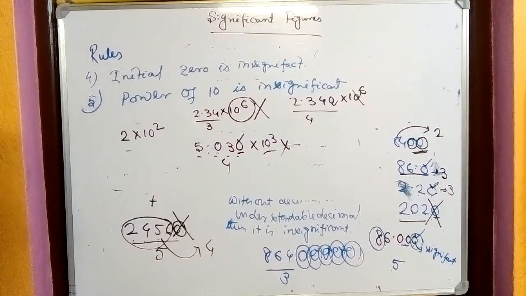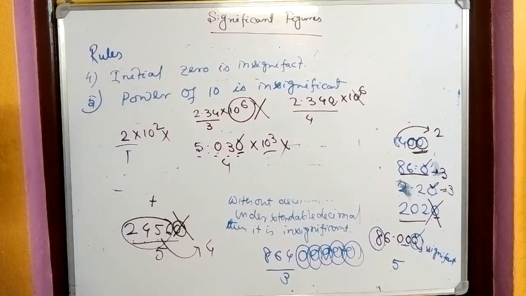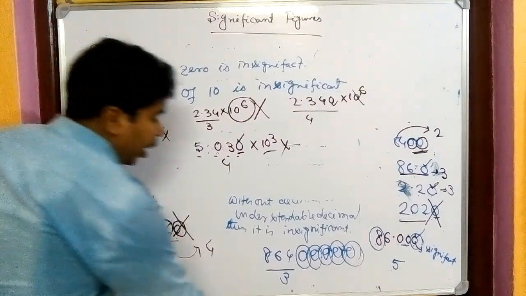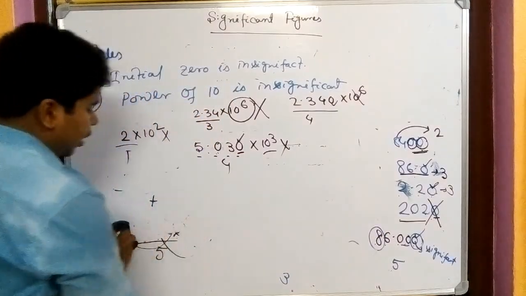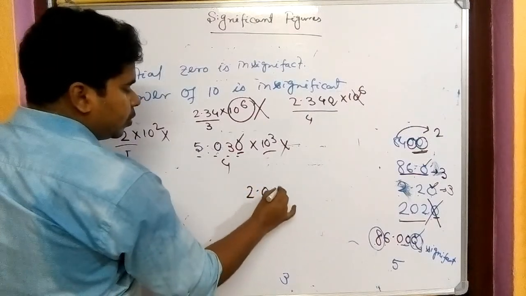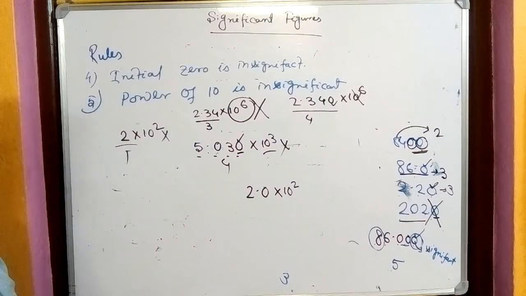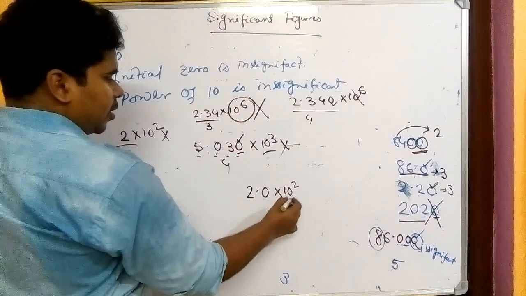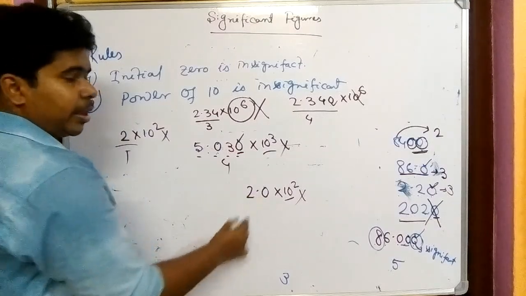Okay, if I have 2 into 10 to the power 2, how many significant figures are there? You will say, sir, 10 to the power 2 is gone, so it is 1. But if I have written 2.0 into 10 to the power 2, you see, sir, 10 to the power 2 is not needed, but here 0 is there. Is it ending?